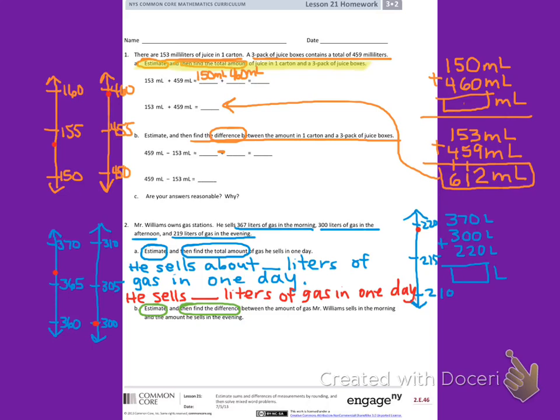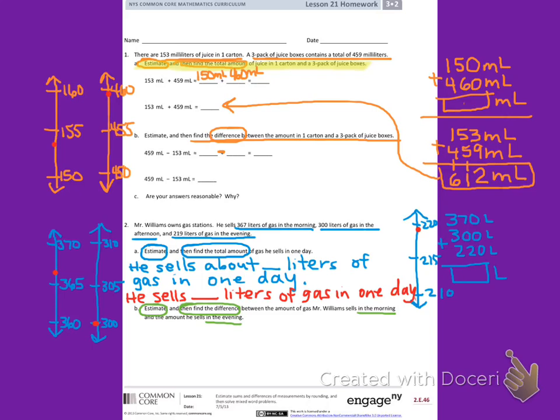Okay, and I'm going to underline in the morning and in the evening. So in the morning we have the number 367, and in the evening we have 219. You make vertical number lines and estimate or round them to the nearest 10, which is always the number that will be closest.